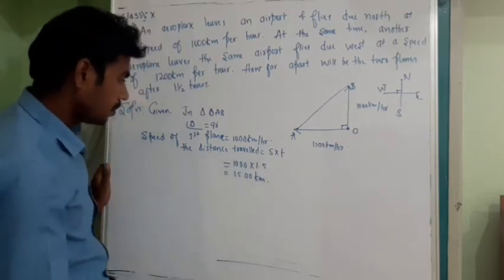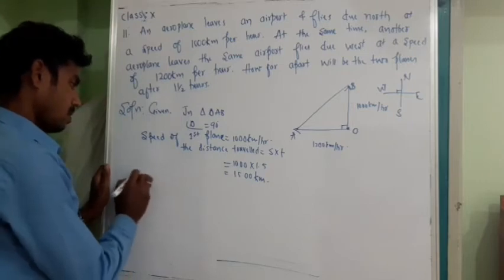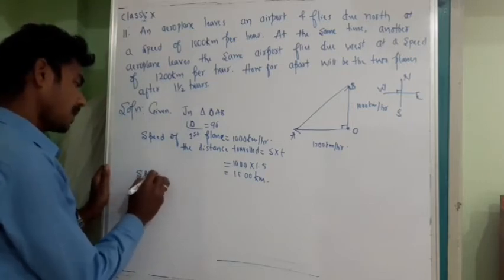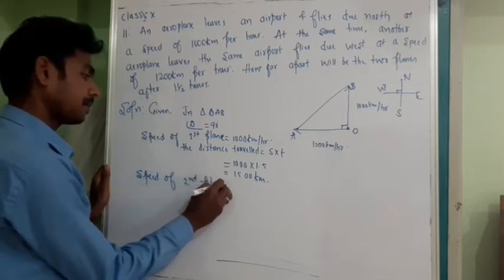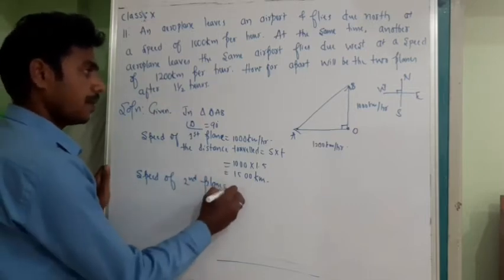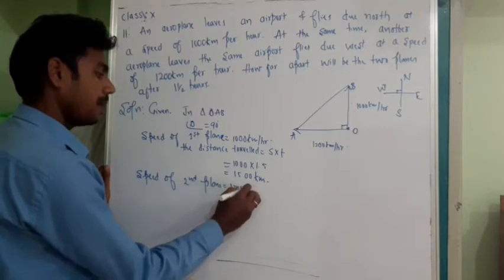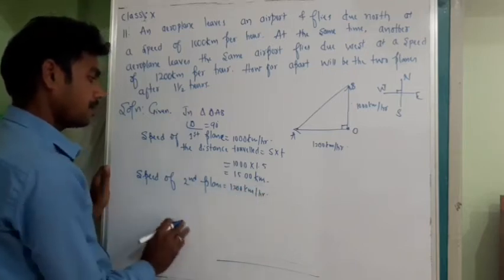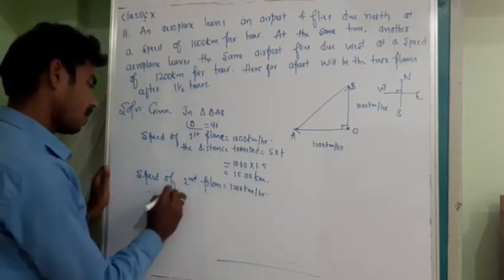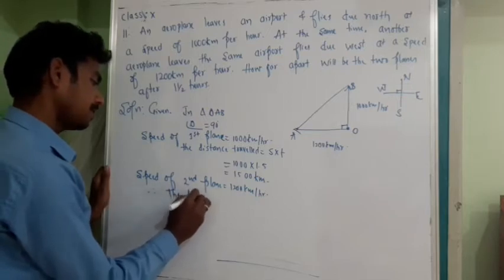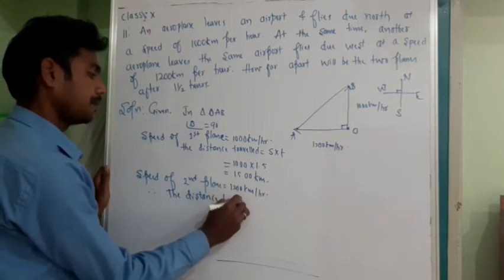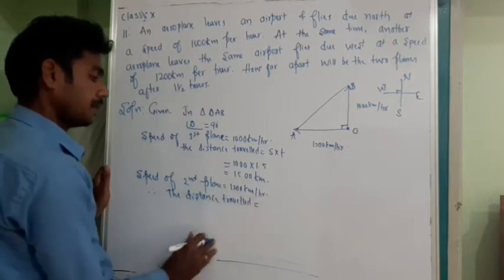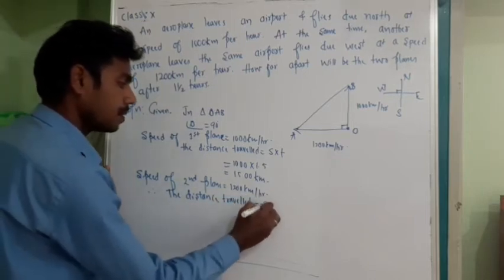Fine. So speed of the second plane is equal to 1200 kilometers per hour. Therefore the distance traveled is equal to speed into time.